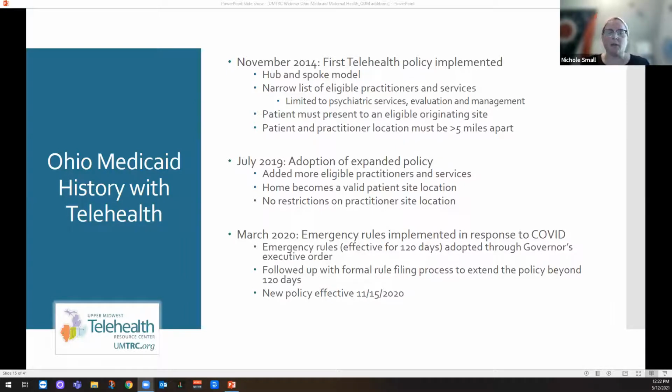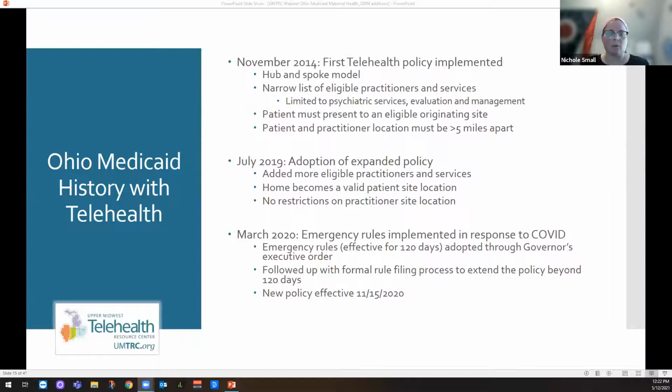So then in March of 2020, with the public health emergency, we implemented some emergency rules. Those were done through executive order, signed by Governor DeWine, and those are only effective for 120 days. So they're time limited rules that have a firm expiration date.